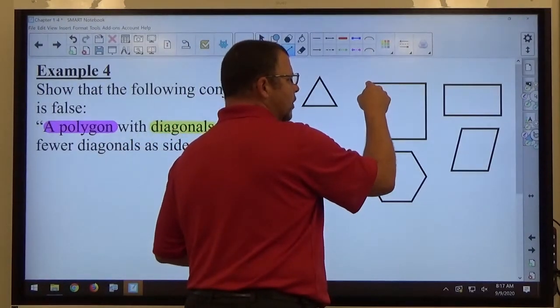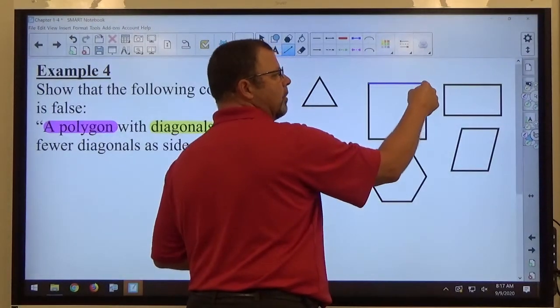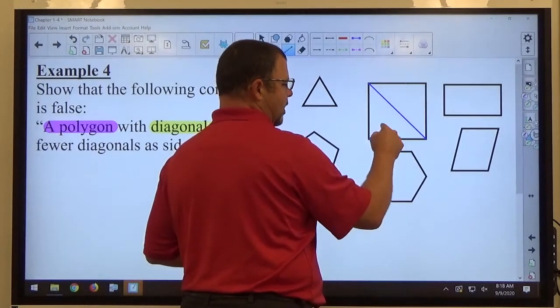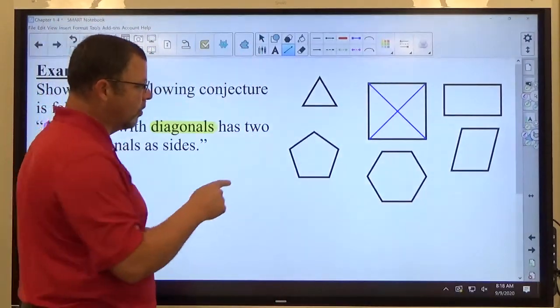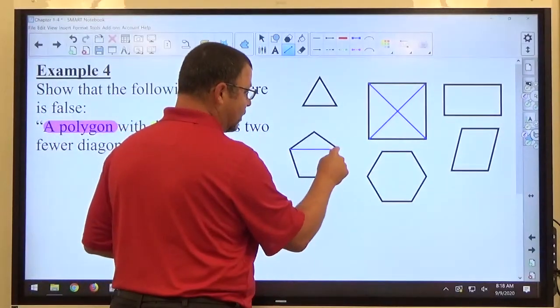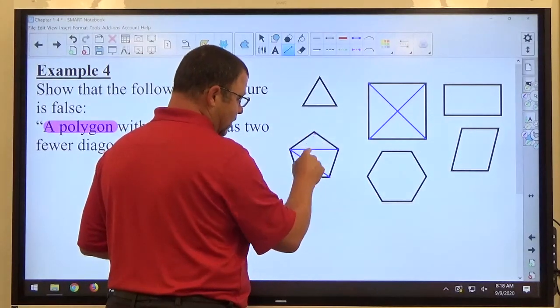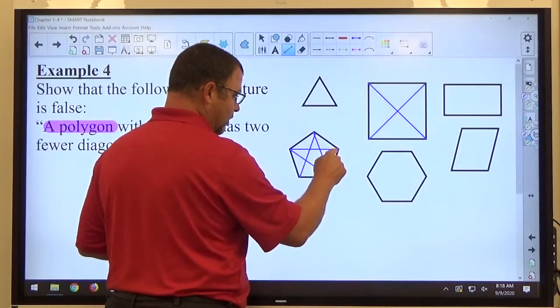If I go from this vertex, I need to go to an opposite vertex and go through the polygon. So that's not going to give me a diagonal. I got to go across like that. That's a diagonal, and that's a diagonal. And they are slanted, though they don't have to be slanted. Notice in the pentagon, this is a diagonal, this is a diagonal, this is a diagonal, this is a diagonal, and this is a diagonal.